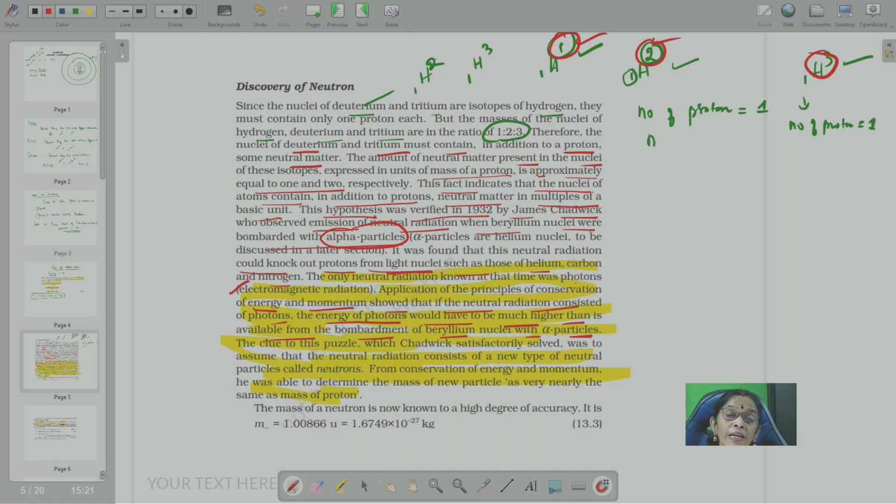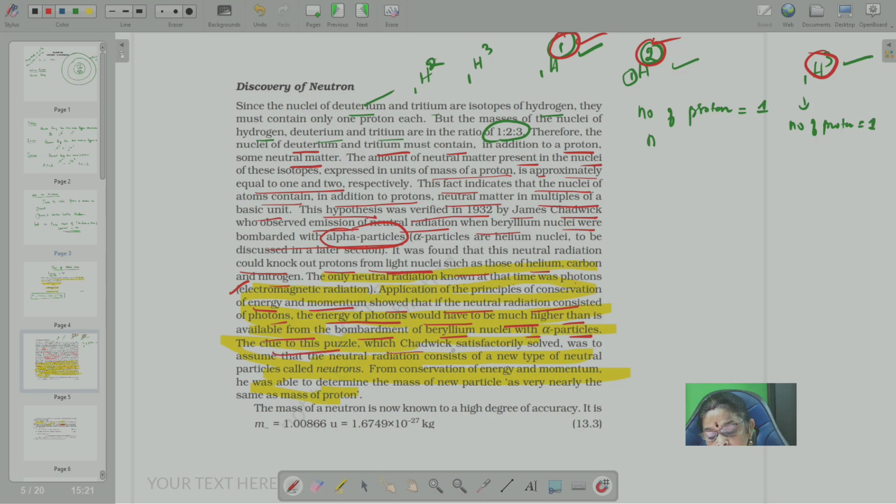The law of conservation of energy says that the energy of the reactants should be equal to the energy of the products. So the energy of beryllium and alpha particle, the parent nuclei, should be equal to that of the daughter nuclei, but it is deviating. So it's violating.